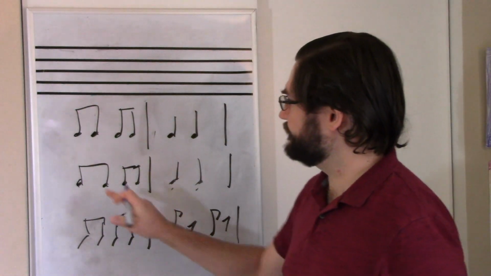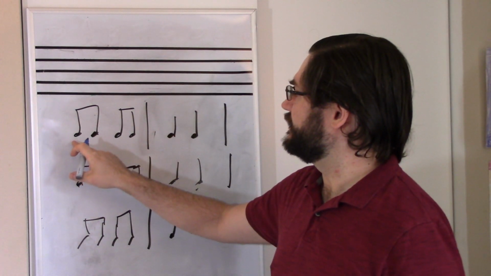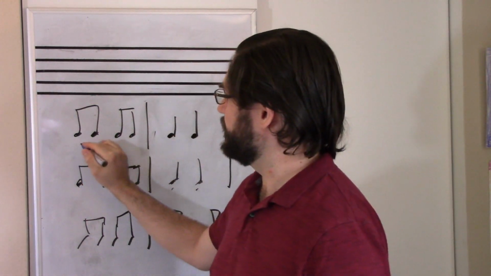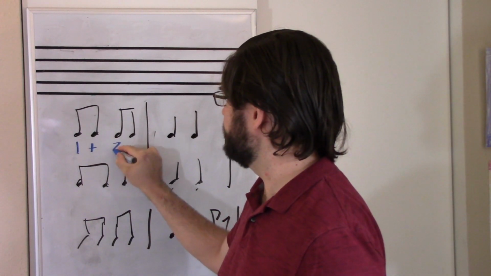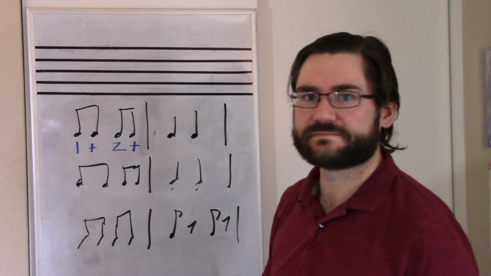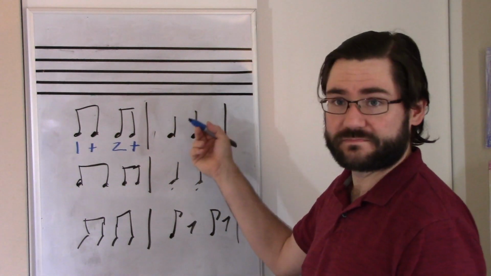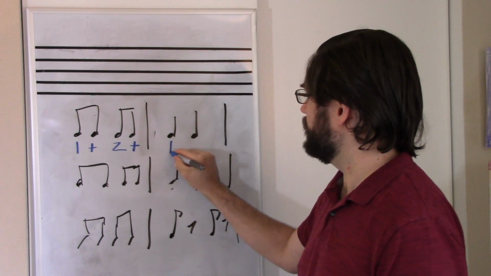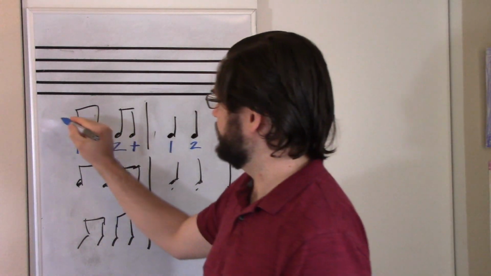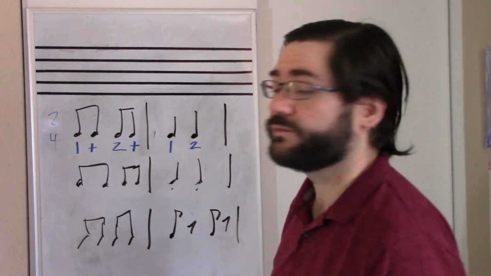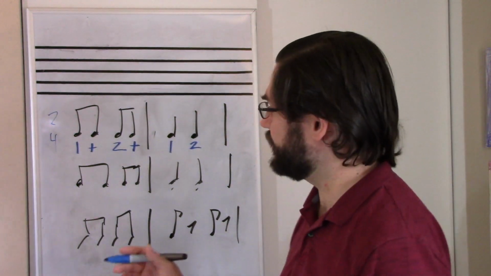The first measure, what do you think it is? Did you get 1 and 2 and? Second measure, easy enough. 1, 2. We are in 2/4 time, as it says on number 168 in our book.